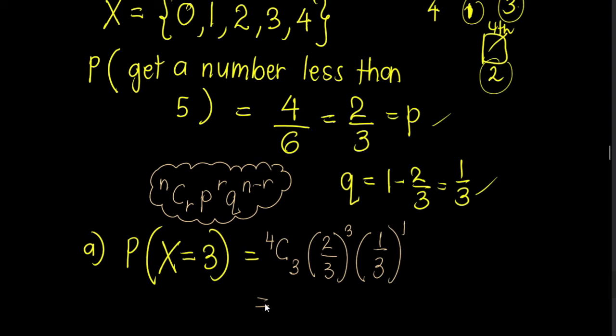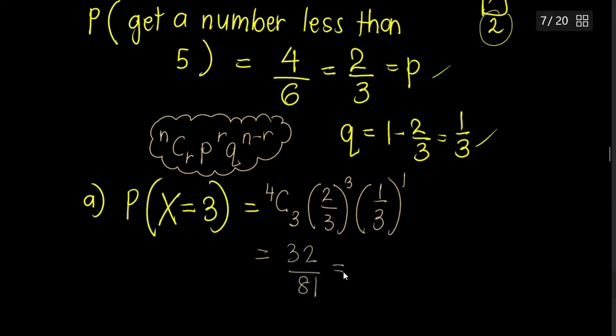Make sure you get the same answer as teacher, because most students sometimes get it wrong. Teacher gets 32/81, or you can write it in decimal also. It's going to be 0.3951.